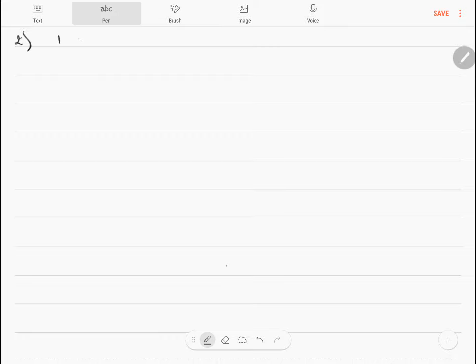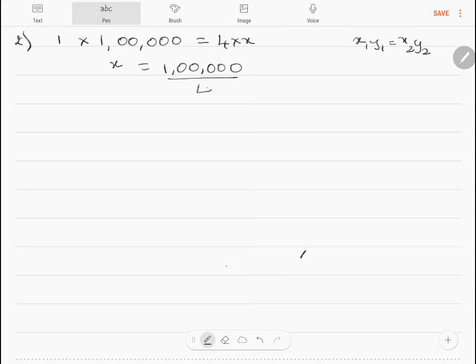For 1 it is 1 lakh. Similarly, we saw the formula x1 y1 equal to x2 y2. So 1 into 1 lakh equals 4 into x. Now x will be equal to 1 lakh divided by 4. This is equal to 25,000.